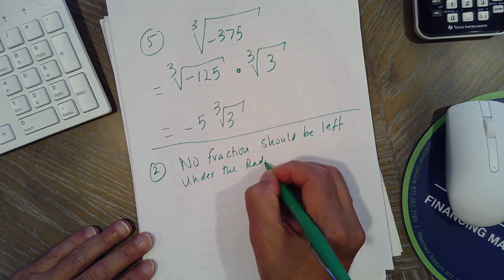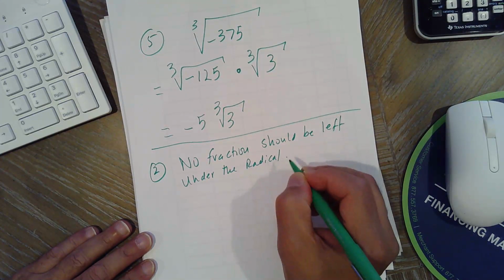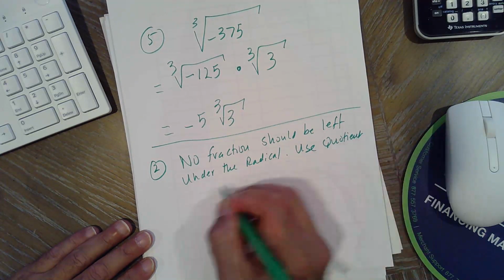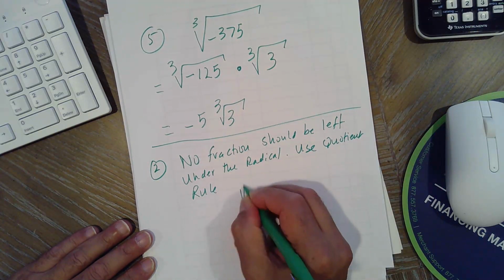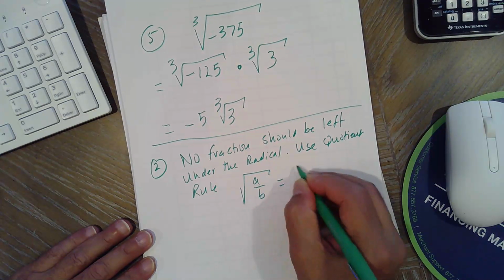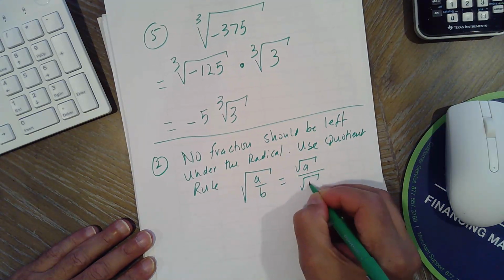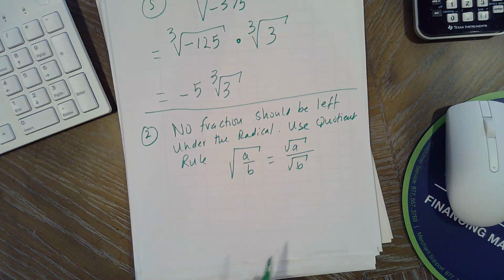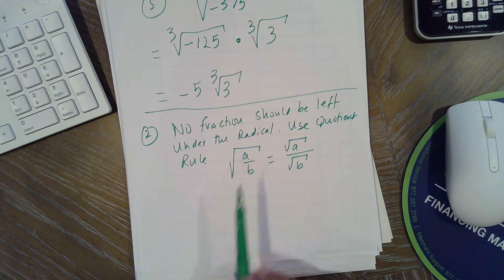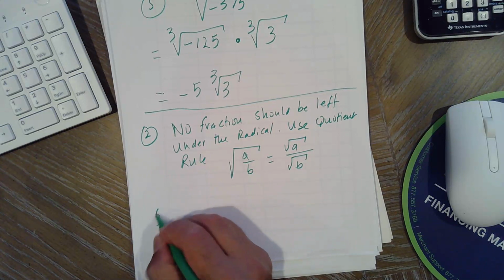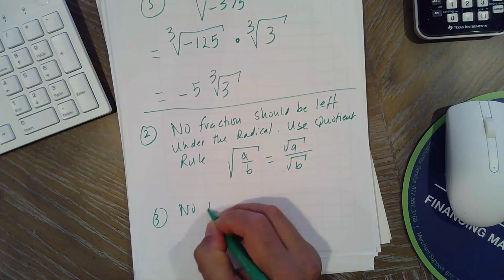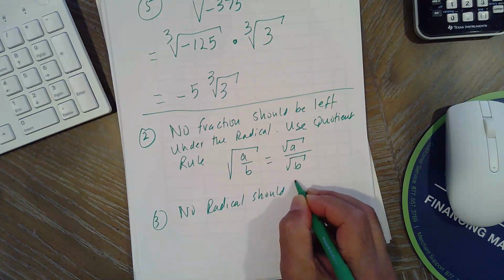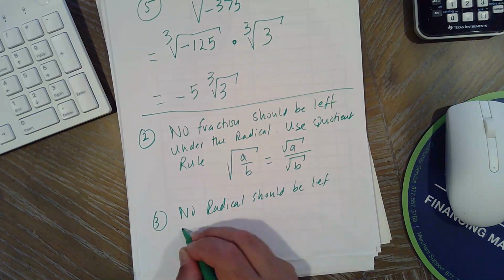And in order to simplify that, you use the quotient rule. Like if you have square root of a over b, you split it up. You're not supposed to have a radical in the fraction under the radical, and then no radical should be left in the denominator.